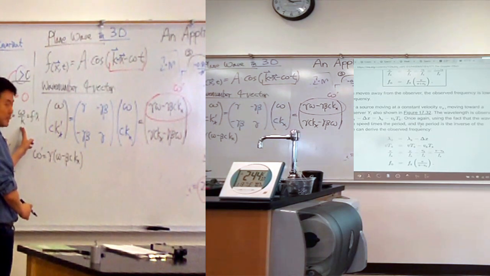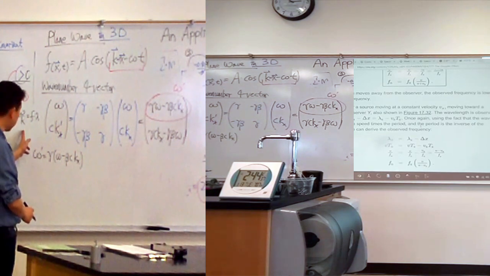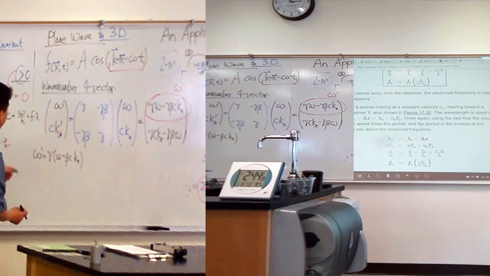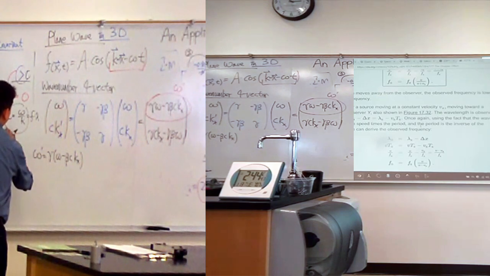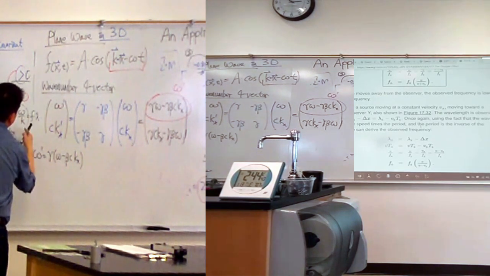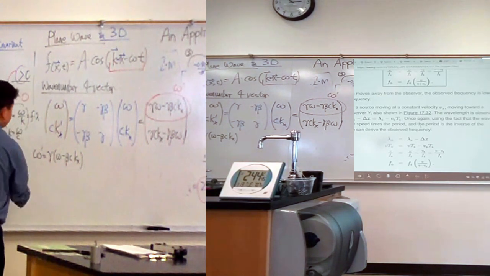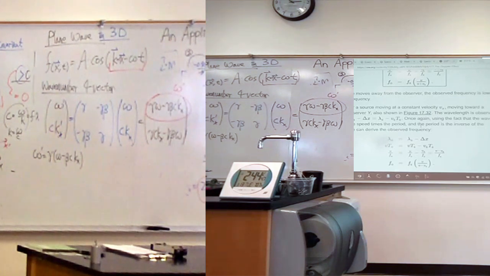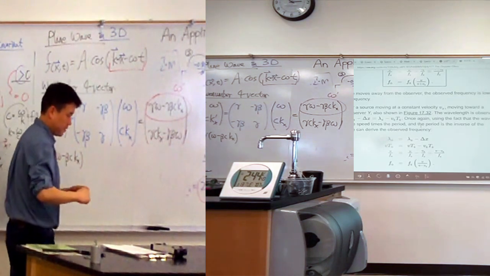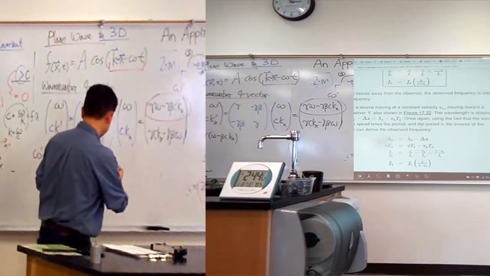Seems familiar? I think that was actually on your exam question. Right? All right, so I can solve this for k. So k is equal to omega over c. Okay? So let me substitute that in.